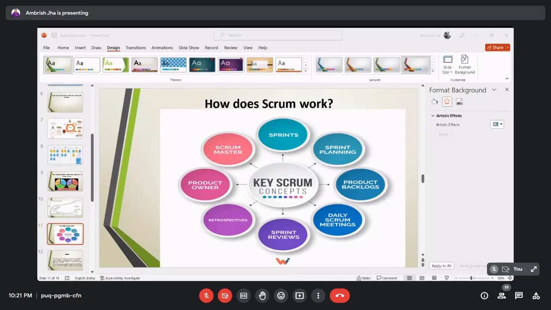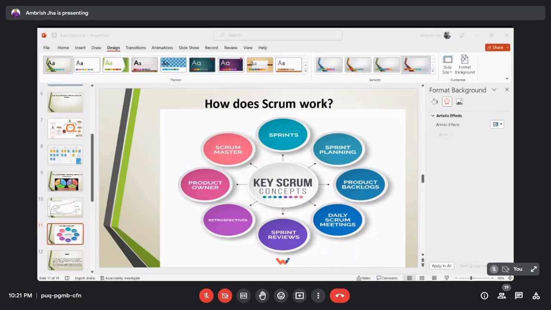So this creates transparency of the tasks among the team, and everything is planned, so this can be calculated also.